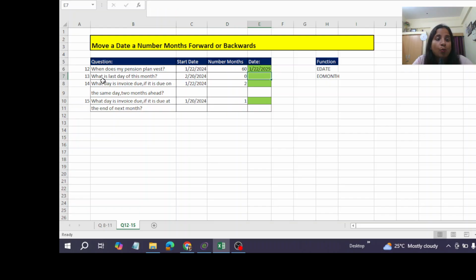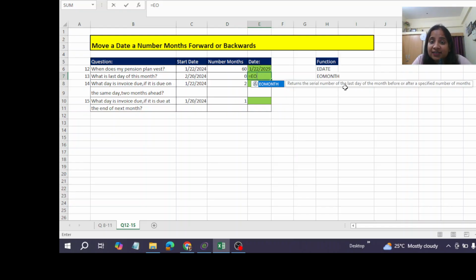Next is, what is the last day of this month? So here 22nd of January 2029 is the date when our pension will start. What is the last day of this month? So here we will be using another function. We will be learning another function, that is EOMONTH.